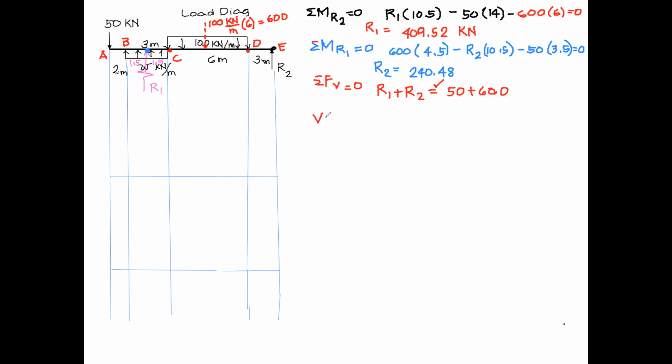Okay, so for our shear ordinate, we have mentioned that we need to determine the shear and moment diagram per change of loading. At every point where we have a concentrated load or reaction, there is a left and right. This time, only at A and E. So at A, left and right.